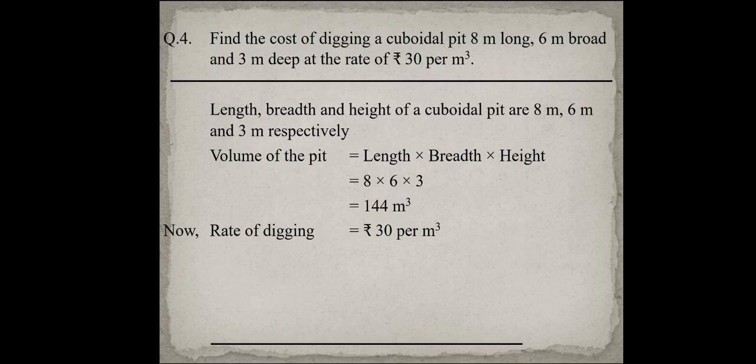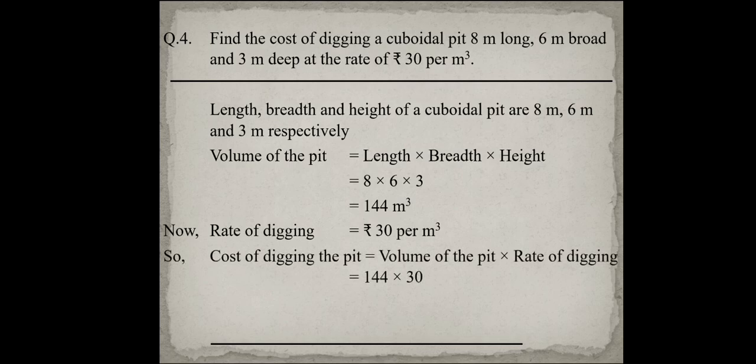It means you will multiply the volume of this pit by the rate of digging. That would be the cost of digging the pit, equals 144 into 30 equals 4320. So the cost of digging this cuboidal pit is rupee 4320.